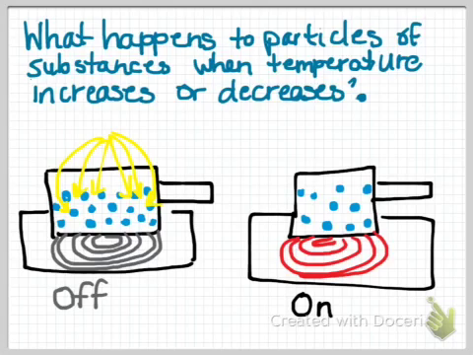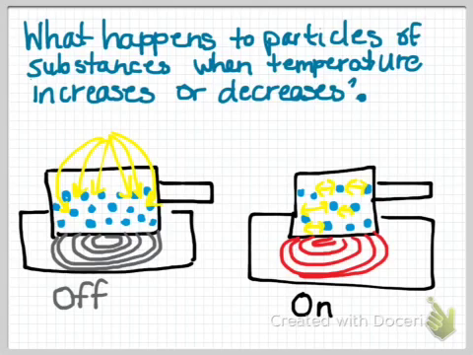When heat is added, the spaces between the particles get larger. We know that if we heat up water enough, it's going to turn into a gas, but it doesn't go straight from a liquid to a gas. You have to heat it up. So what's happening when you heat it up is the particles are going farther apart from each other.